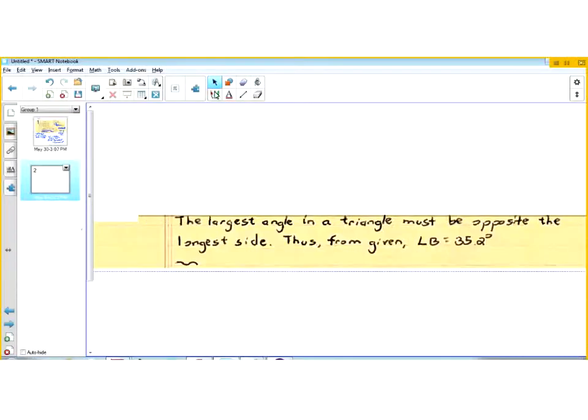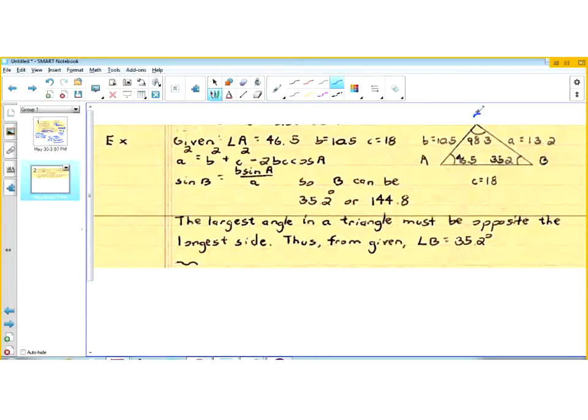And this would be angle C right here. Given that the measure of angle A is 46.5 degrees, as you see in the figure, the length of side B is 10.5, and the length of side C is 18, as shown in the figure. We want to find the measure of angle B.